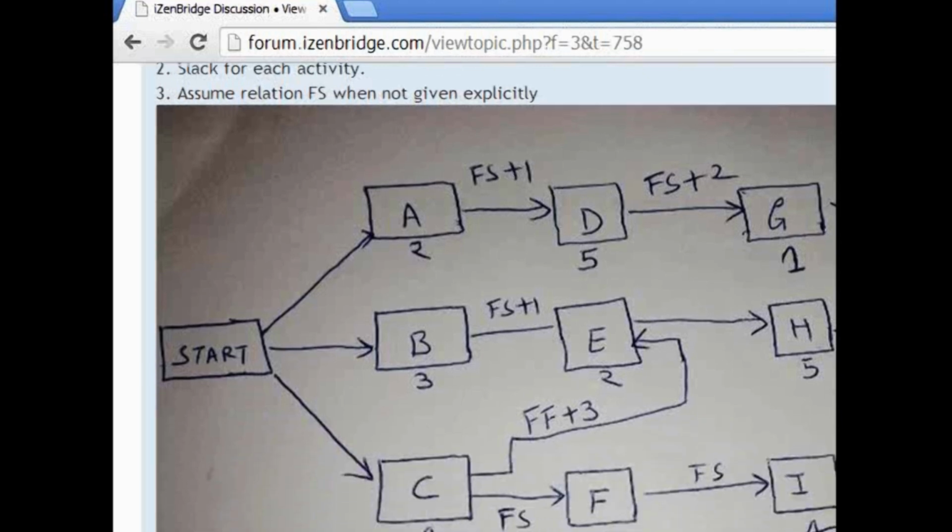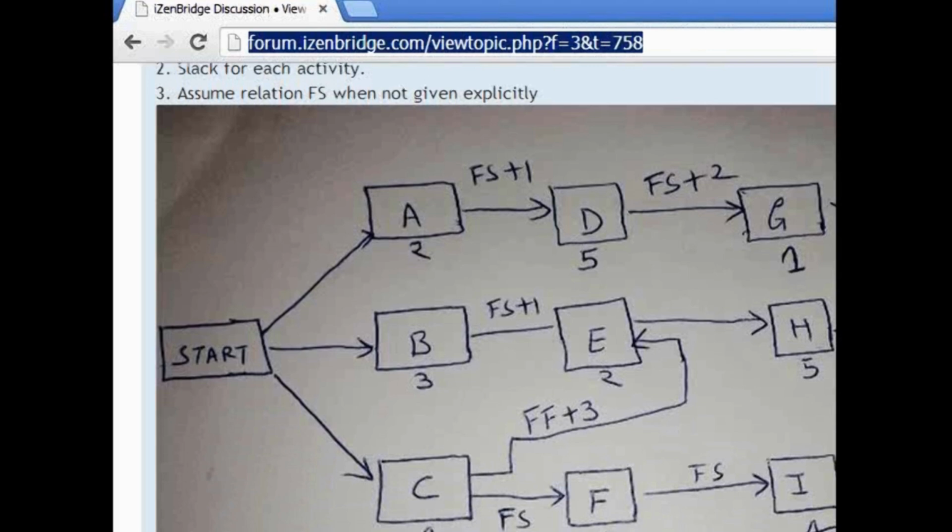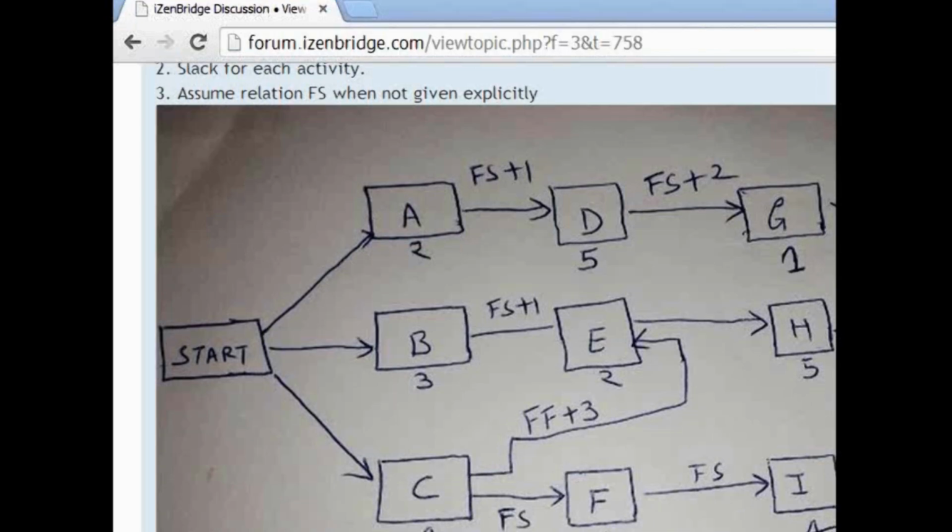This thread can also directly be seen in your browser rather than on my screen only. I have just pasted the link of the URL. If you go to this particular URL, you can see the complete history of this question.